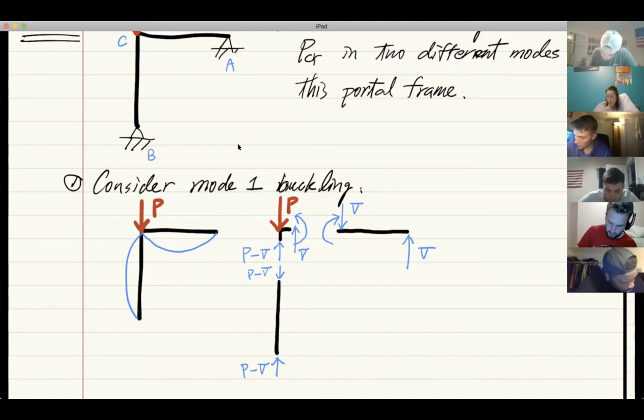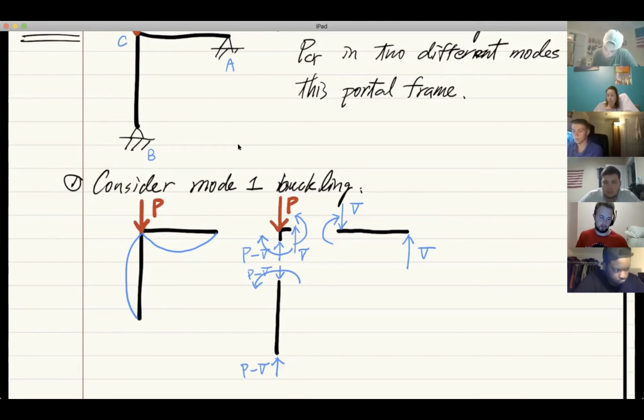Now, what about the moments? If the moment goes this one like this, that means another moment will go like this, correct? To balance it. And another moment acting on the column member must be in the opposite direction, which will be like this. Right?